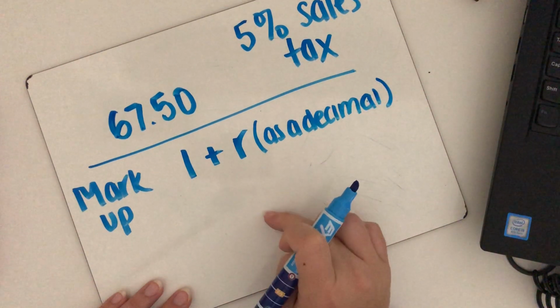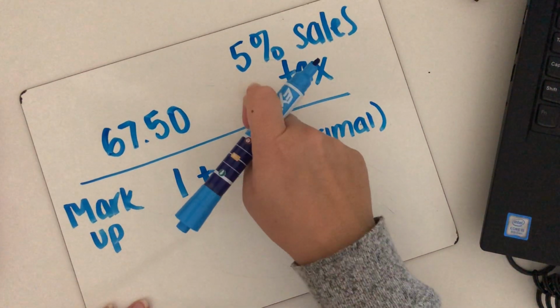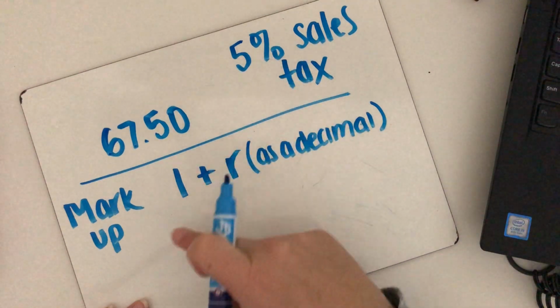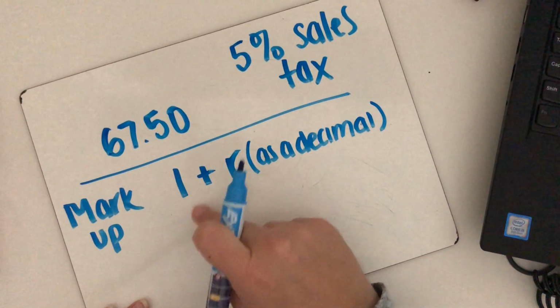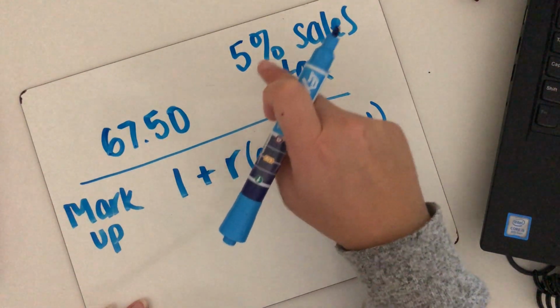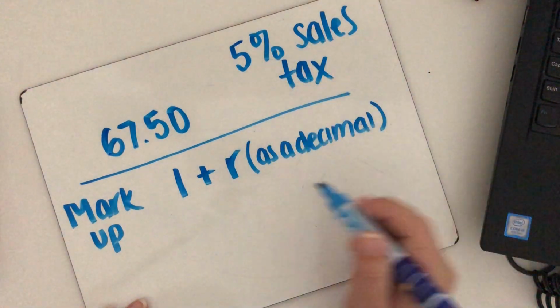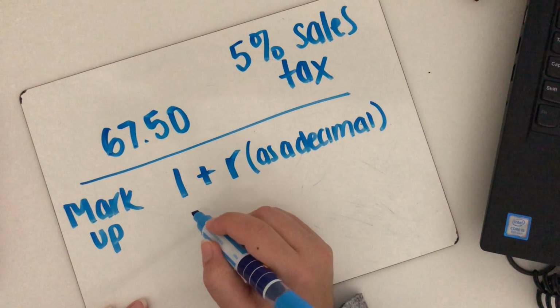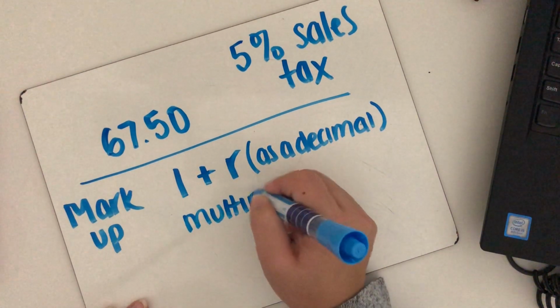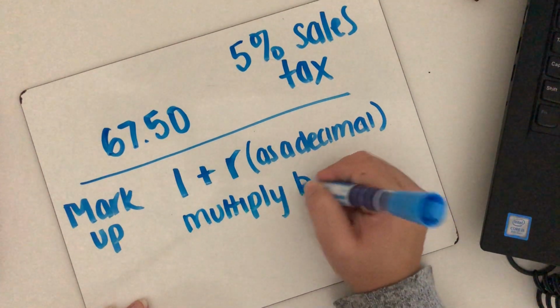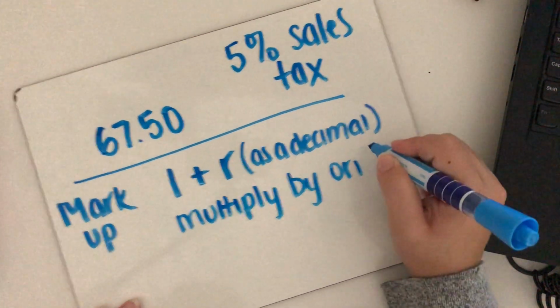So if I was doing this one, I'm not adding 1 plus 5, I'm doing 1 plus 0.05. After I do that, I'm going to multiply it by the original amount.